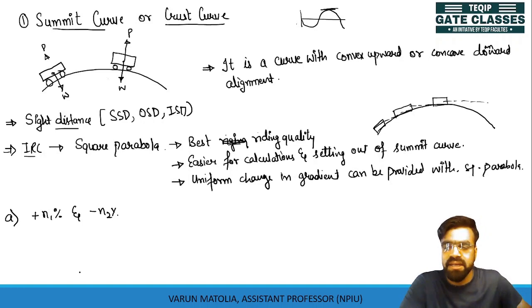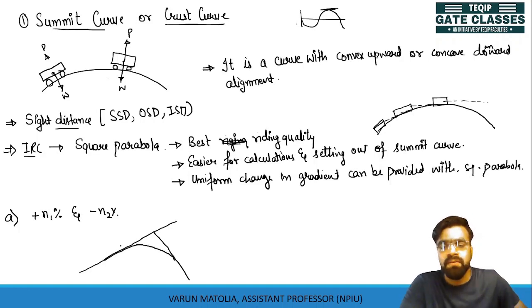If a rising gradient meets with a falling gradient, there is a curve which has convexity upward. So this curve is known as a summit curve. What will be the deflection angle? Deflection angle will be n1 plus n2.